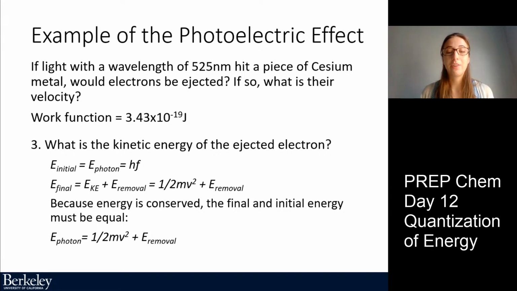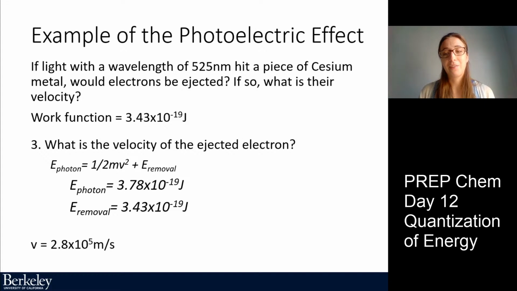So the energy of your incoming photon has to equal the kinetic energy of the ejected photoelectron plus the energy required to remove that electron from the metal in the first place. That's summarized in this equation I have here. And once you write out this equation, you can solve for the velocity term, and that would give you the velocity of the ejected electron.